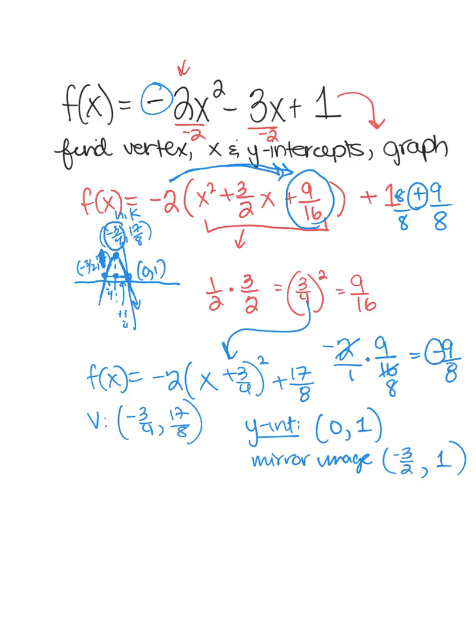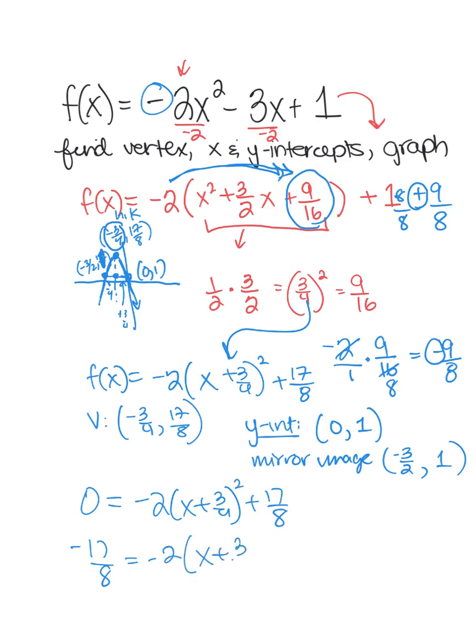Okay, to get the x-intercepts, we are going to set the bottom equation equal to 0. I'm going to subtract 17 over 8. That's a square. I'm going to divide by -2, which is the same thing as multiplying by a -1/2.